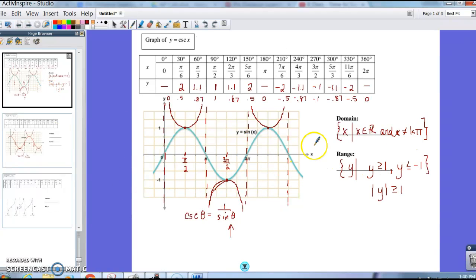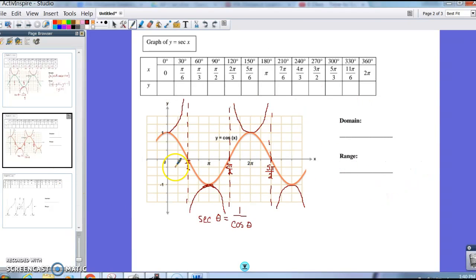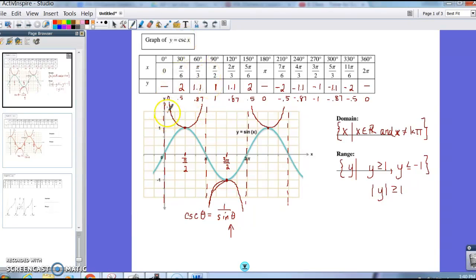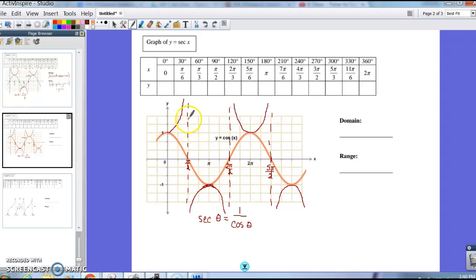With the sine graph, the asymptotes were at multiples of pi. For the cosecant graph, it was at multiples of pi. For the secant graph, it's going to be at odd multiples of pi over 2. Right, at 1 pi over 2, at 3 pi over 2, at 5 pi over 2.